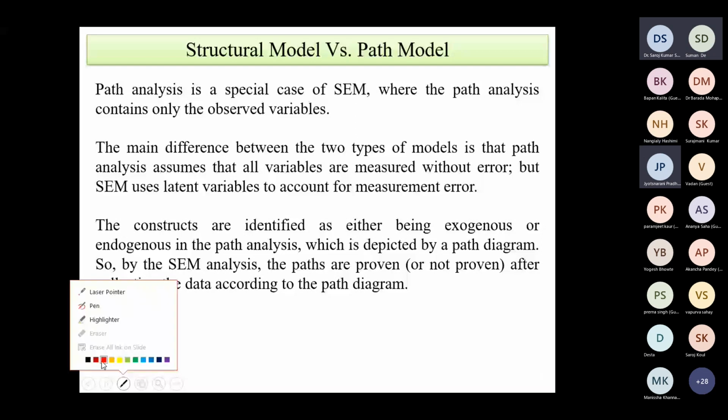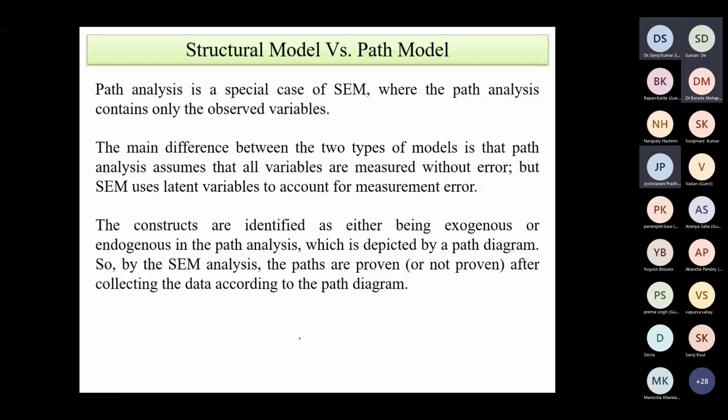Yes, sir. Okay. So that is the reason, very rightly it is said, that the path analysis is a special case of SEM. I just explained that once you have tested the measurement models, there is no need to take all these indicator values again.